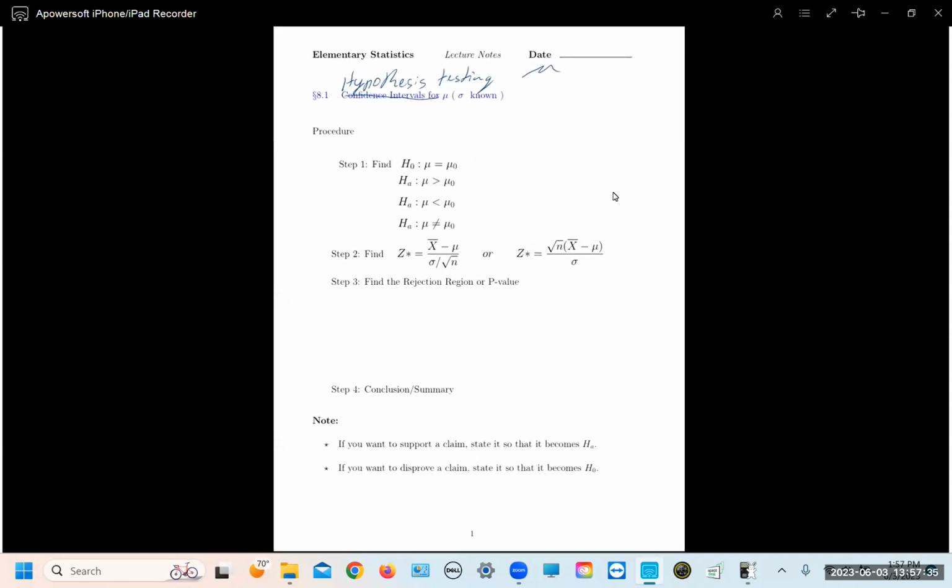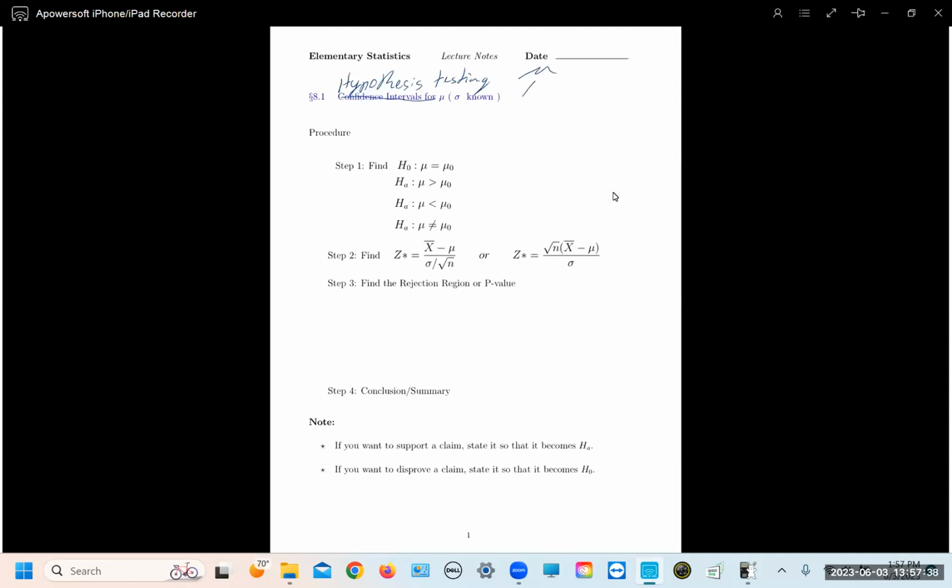For mu we have two options, Z and T. For Z, that is 8.1, and for T, that is 8.2.